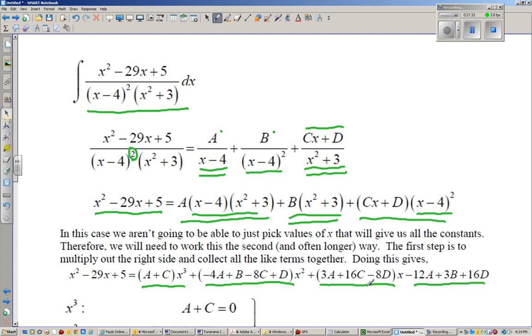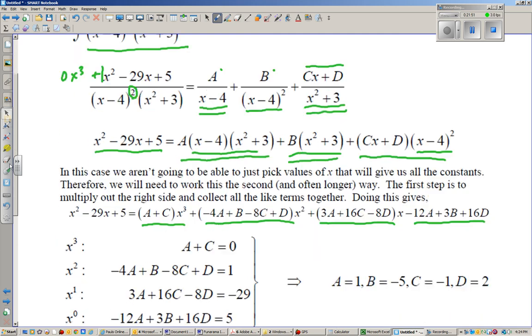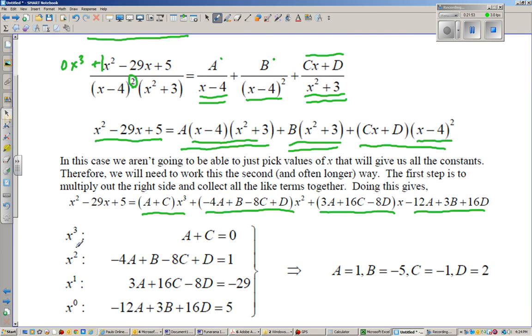And then we have to read from the numerator, and we say, there are really 0 x cubed up this numerator, and then there is exactly 1 x squared, and there's negative 29 x's, and there's 5 as my constant. So how many x cubed do I have? Well, I have none of them. And so for my x cubed, a plus c has to be 0, because I end up with no x cubed.